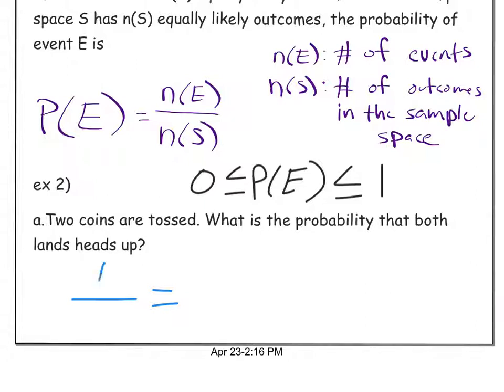Well, on top, I put a 1, because when we listed out all the outcomes, we saw that there's only one way that can happen. You have to flip the first coin and get heads, and then you need to flip the second one and get heads. We listed out that sample space for 2 coins. There were 4. It would be a 1 out of 4 or a 0.25 chance that would happen.